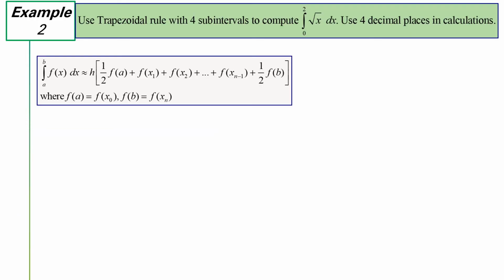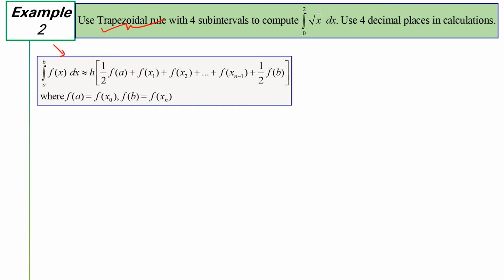Let's see example 2. Use the trapezoidal rule with 4 subintervals to compute this numerical integration. This example is the same as example 1, but now we have to use the trapezoidal rule. This is the formula for the trapezoidal rule.